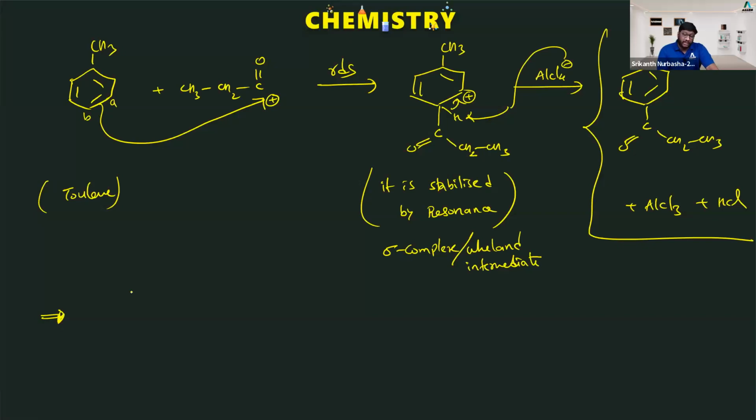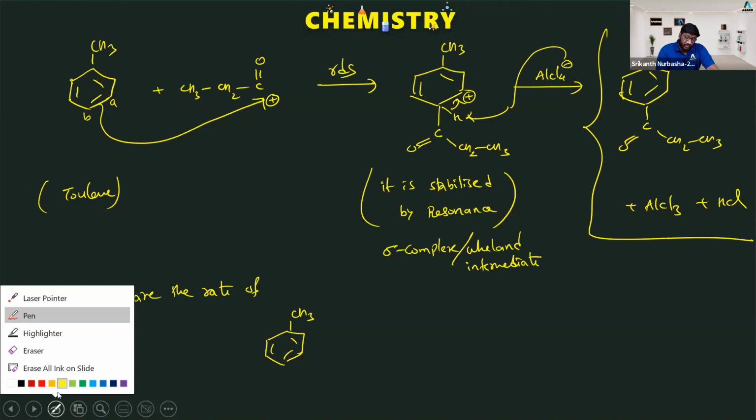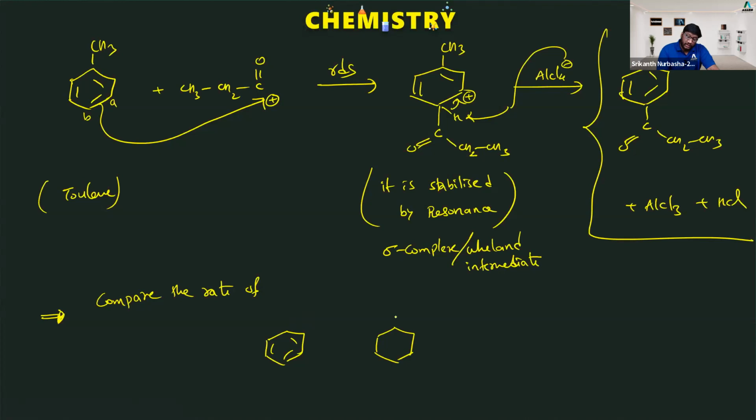An important point which you need to understand is to compare the rate of these two reactions. Compare the rate of benzene and hexadeuterobenzene. Benzene means C6H6, and C6D6. There is no hydrogen in the second.